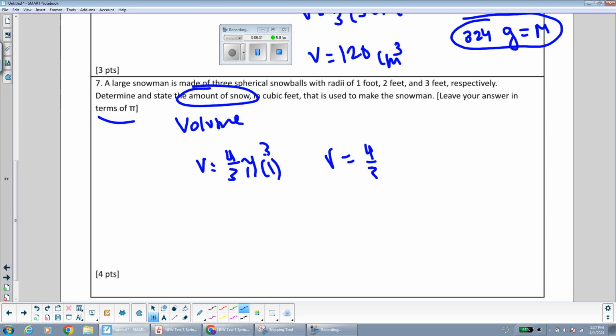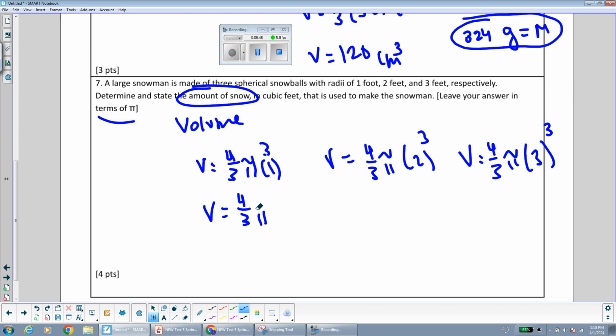For the second snowball, the radius is 2. And for the third snowball, the radius is 3. So here we have just 4/3 pi. Here we have 2 to the third power is 8. So 8 times 4/3. I'm going to do that in my calculator. 8 times 4/3.